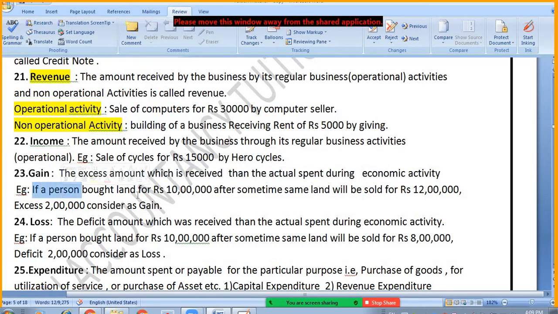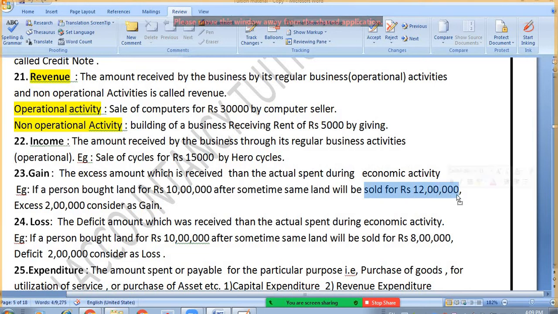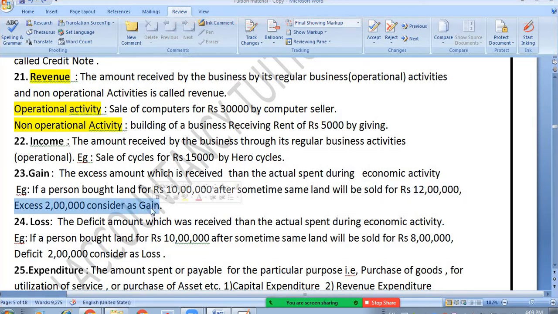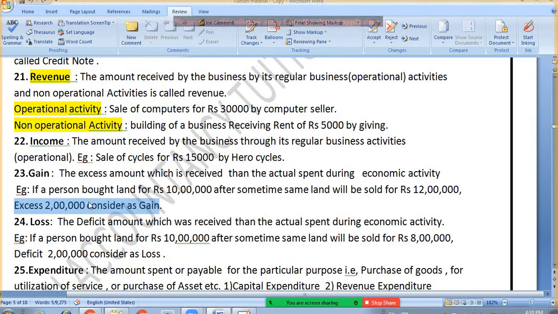If a person bought land for rupees 10 lakhs, and after some time the same land is sold for rupees 12 lakhs, then the excess 2 lakhs is considered a gain.